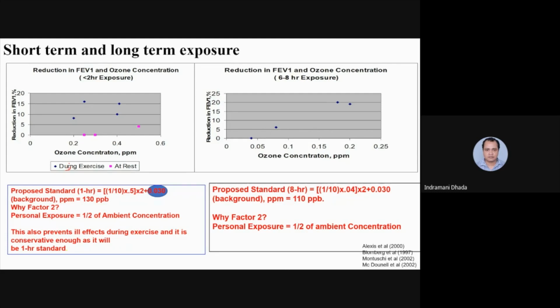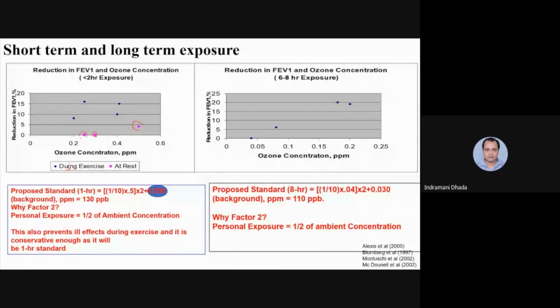Some persons, the black dots or blue dots, are the persons whose forced expiratory volume in 1 second is given, and the pink ones are the persons who are at rest, and the blue ones are the persons who are doing exercise. So you can see the concentration of ozone.